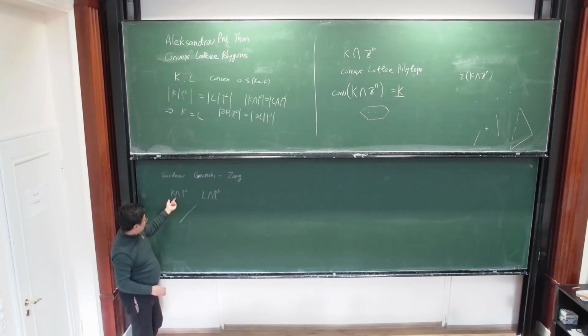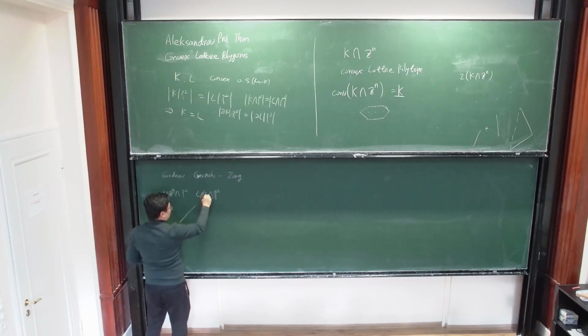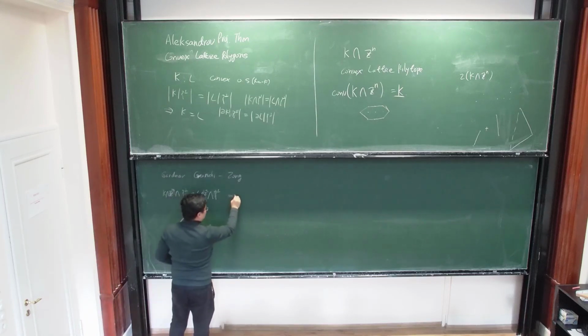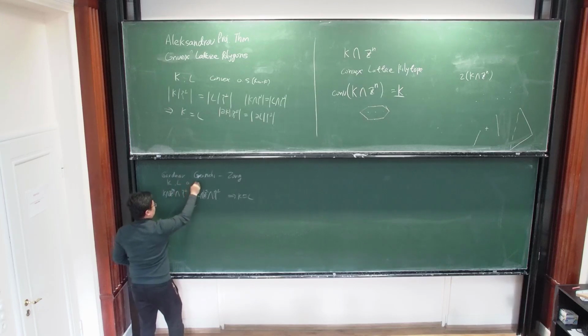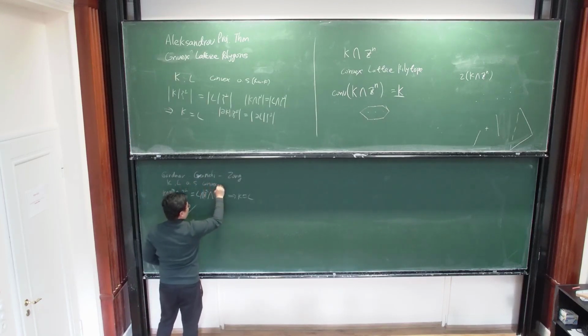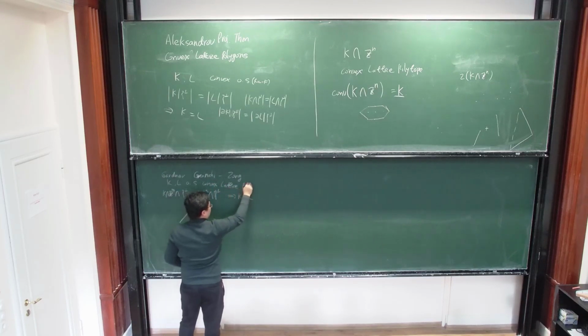So if you have two origin symmetric convex lattice polygons, and you consider those intersected with integers, and the sizes are equal, then immediately you get k squared. Of course, it's origin symmetric.